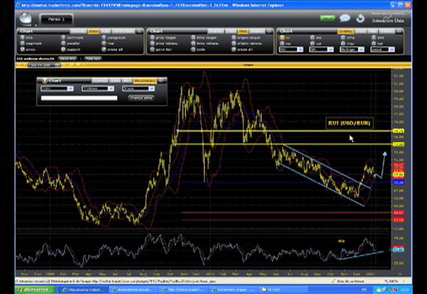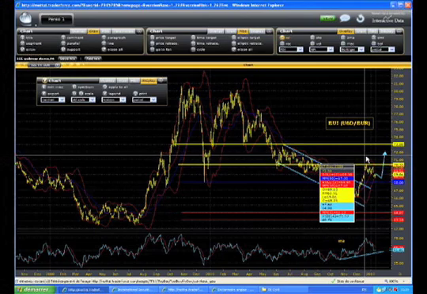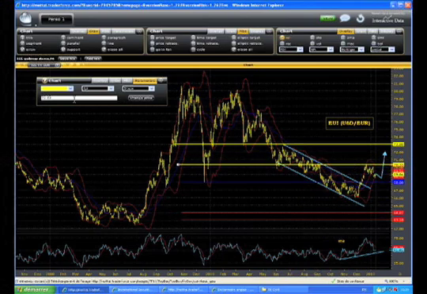And of course, the first target will be the previous high at 70.35, sorry. So we have a clear stop loss at 68. First target will be the previous high at 70.35, and the second target will be at 73.